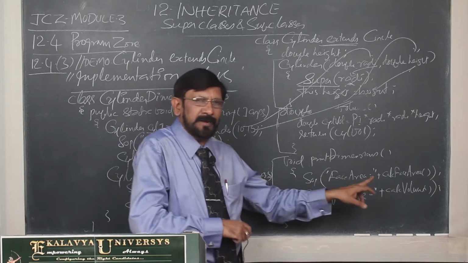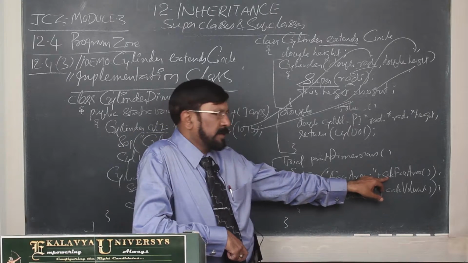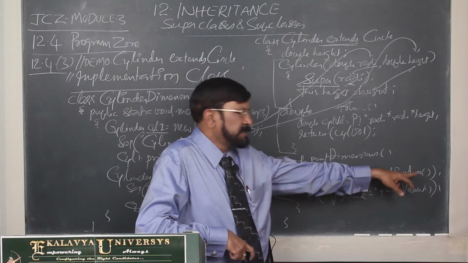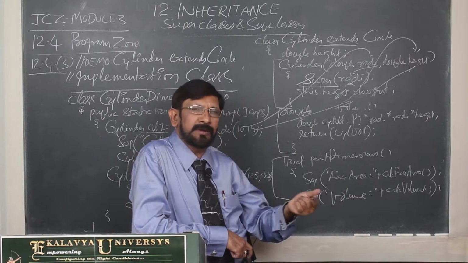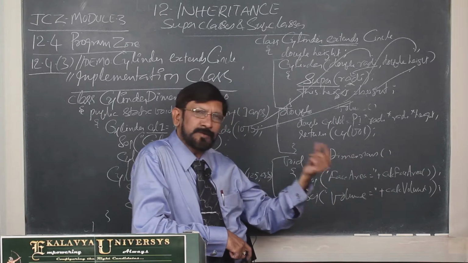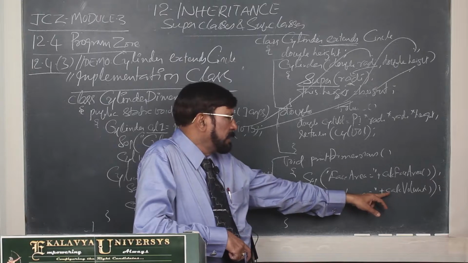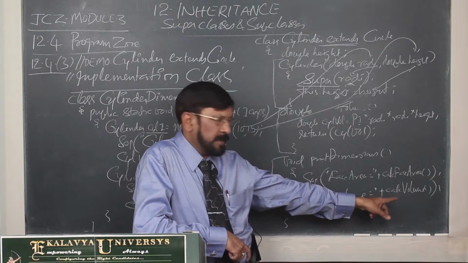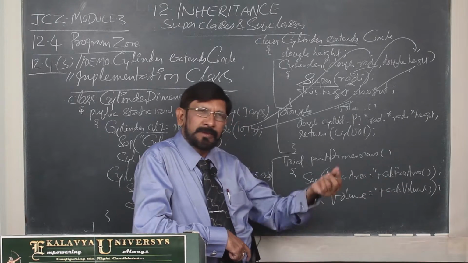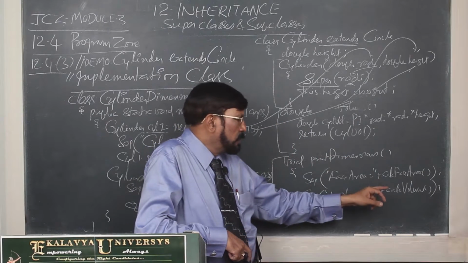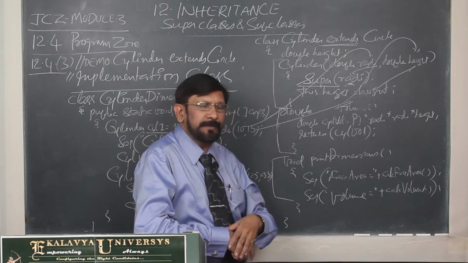As a result, the cylinder 2 object's calculateFaceArea method is called. In turn, the face area of the cylinder 2 object is printed, and as a result of calling calculateVolume, the cylinder 2 object's volume is printed.